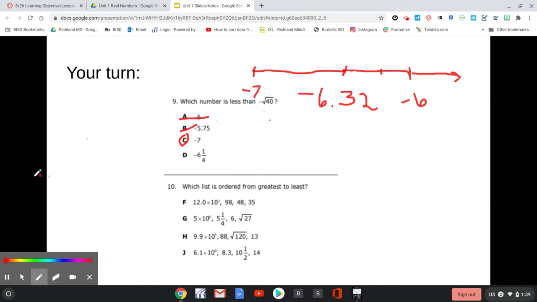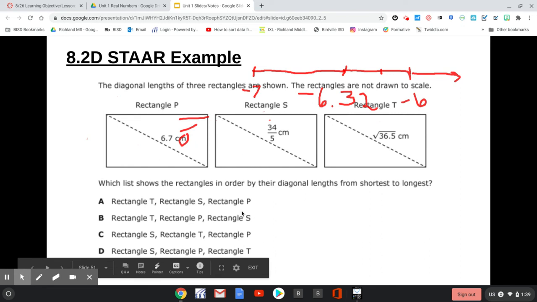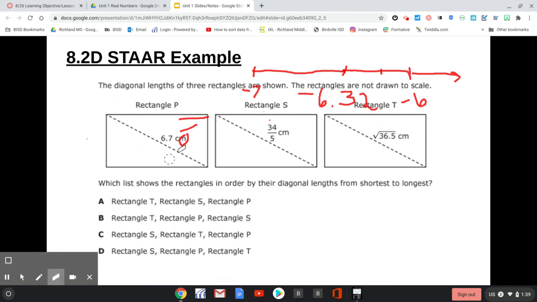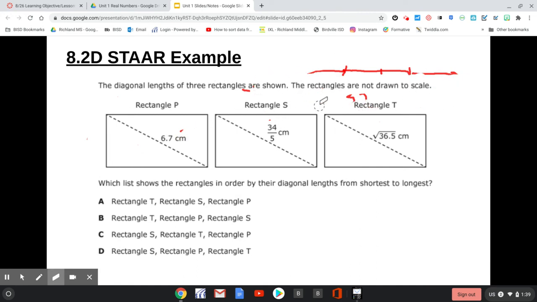Don't do this next one. Let's see. Let's look at this. This was actually on the STAR test. And let's see if we can go over this real quick. You have rectangles, and they have the diagonals shown. They want to know, put them in order from the shortest to the longest length.